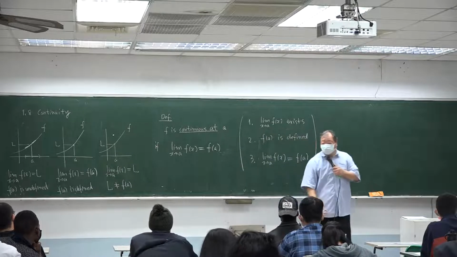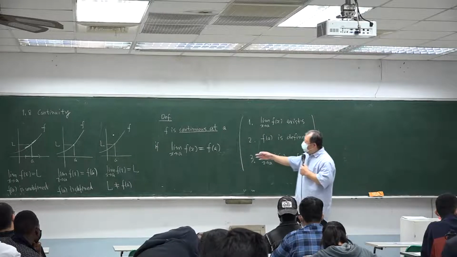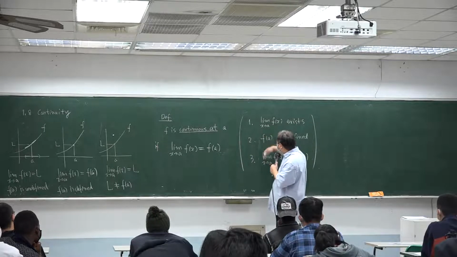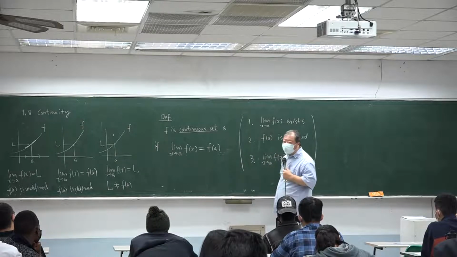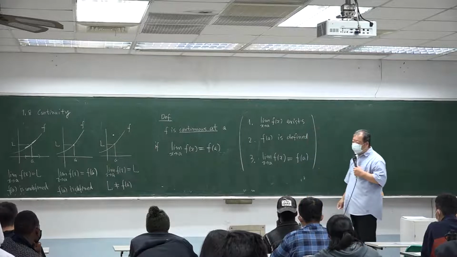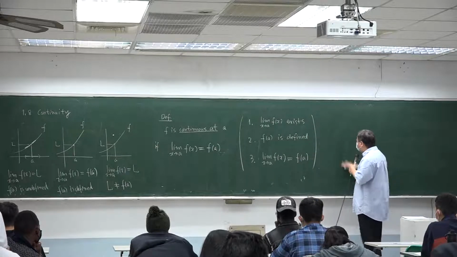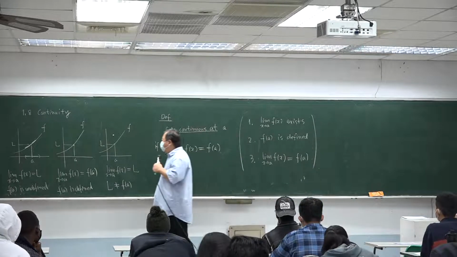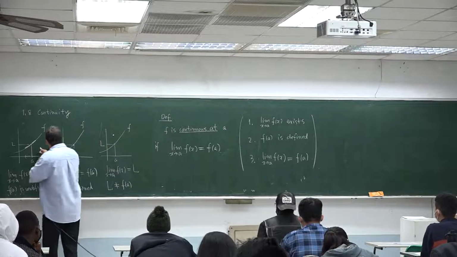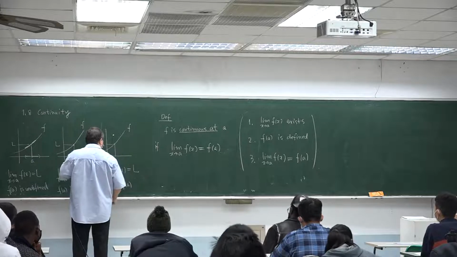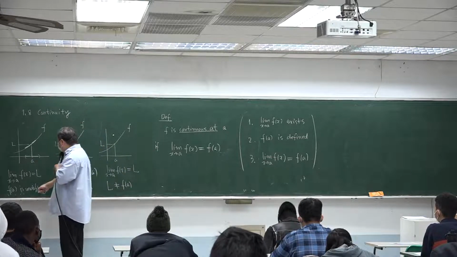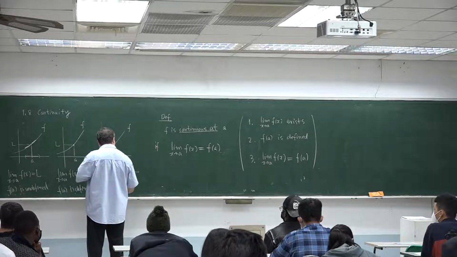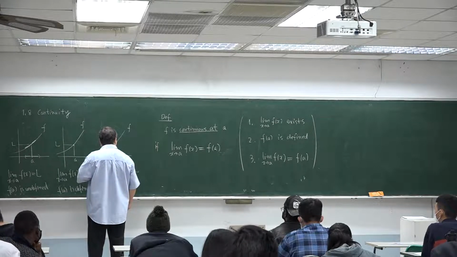So one expression indeed needs the existence of the limit and the value of f at A. Suppose this exists, like this one and this one, but f of A is undefined or is defined but different from this limit.